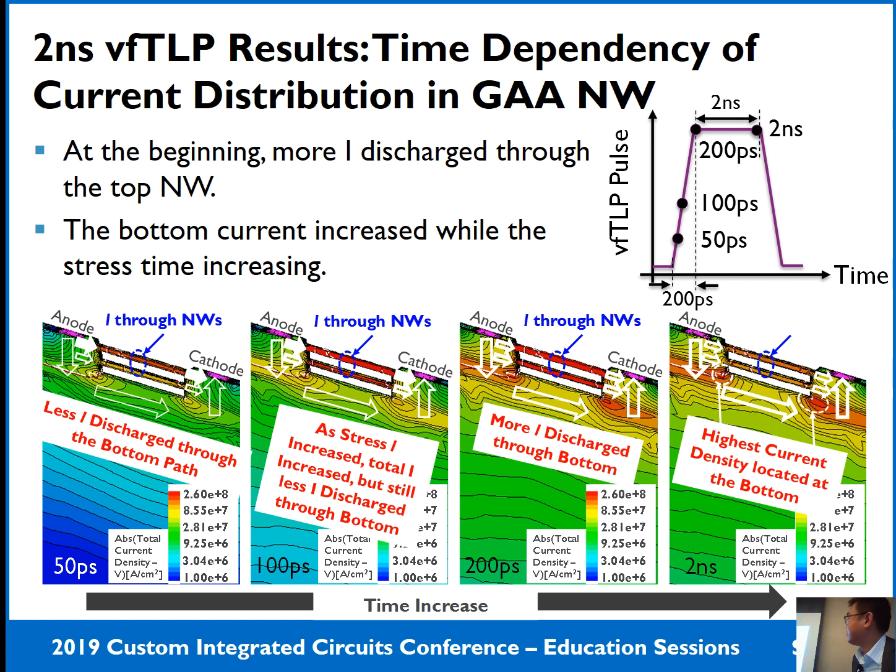Here I show that at the beginning, like at 50 picoseconds, most of the current is discharged through the top nanowire structure. When the stress time increased, the current will spread to the second one, and finally it will go through the parasitic path under the 2 nanowire structure. But it might happen that when the stress happens at the beginning, it will burn out this tiny narrow wire. So that's why the gate-all-around gate diode has a slightly lower IT2 compared with the gate-all-around STI diode.